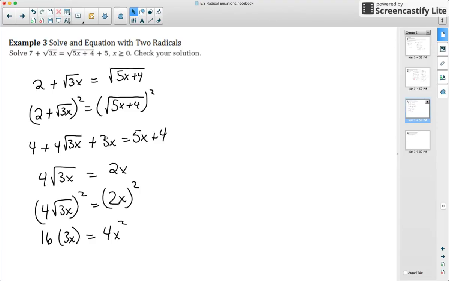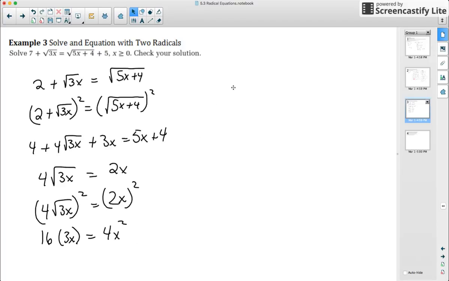What I've done here is moved this 3x over to the other side to get 2x, and I've subtracted 4 from both sides, so the 4's cancel each other out. We still have a radical over here, so we square both sides of the equation again to get rid of this radical this time. We're left with 16 multiplied by 3x equals 4x squared.